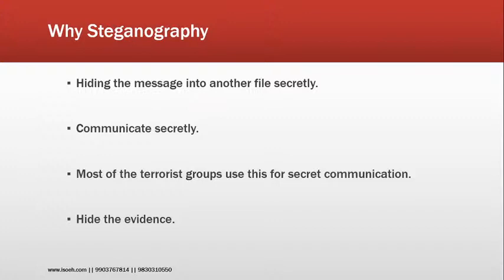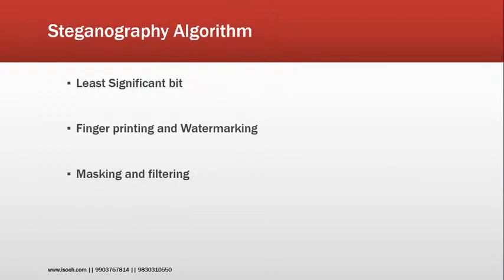Now there are numerous methods used to hide information inside an image or maybe inside audio or video. There are a few algorithms available for hiding data inside an image, like the least significant bit algorithm, which is one of the best algorithms for the steganography technique to hide data inside an image file.